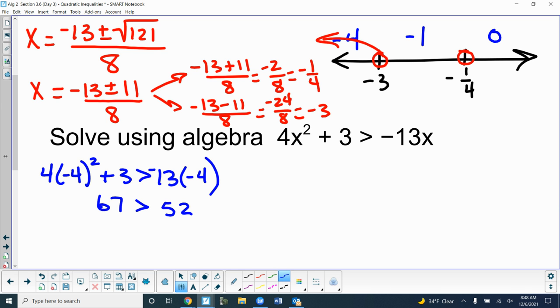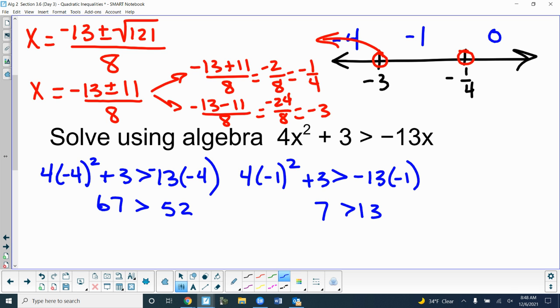Then I'm going to plug in the -1. So -13 times -1 is positive 13. -1 squared is a positive 1 times 4 is 4 plus 3 is 7. Is that a true statement? 7 is not bigger than 13, is it? So I would not connect the two circles. All right? Then I'm going to put 0 in.